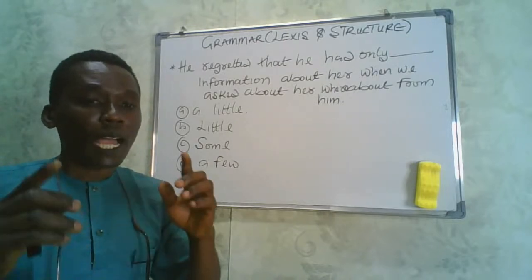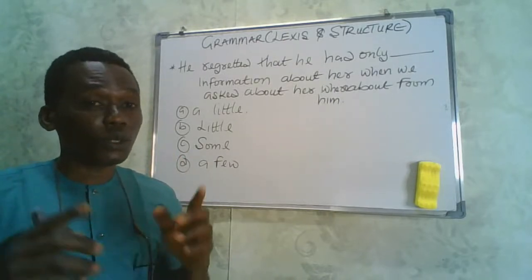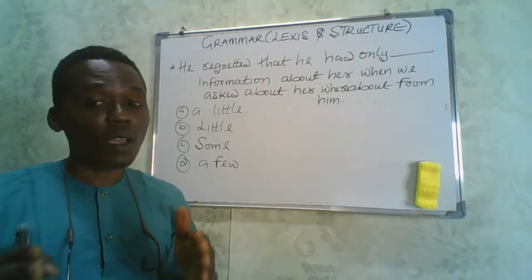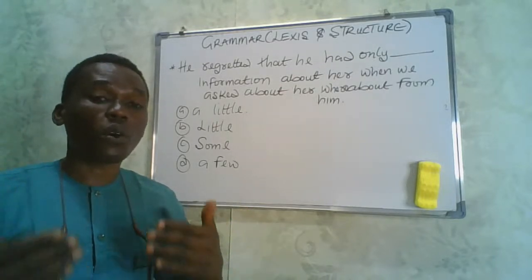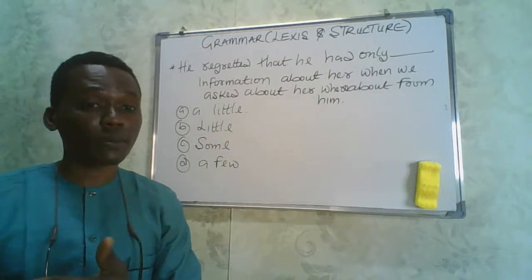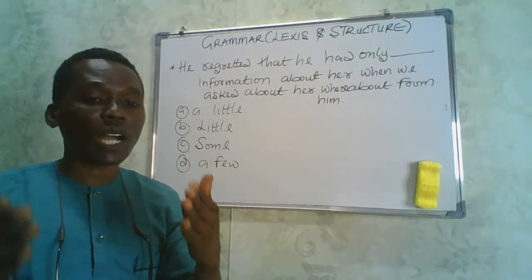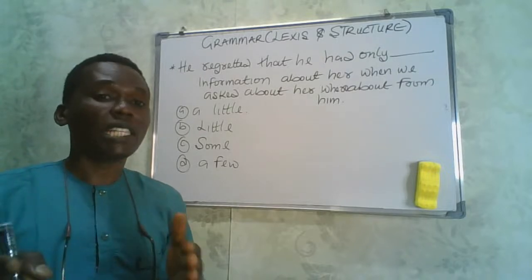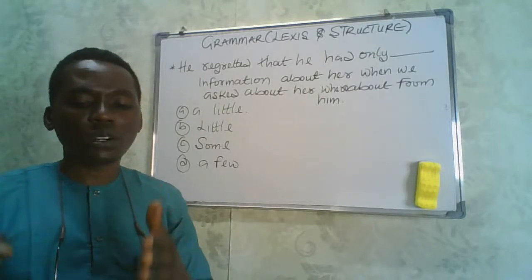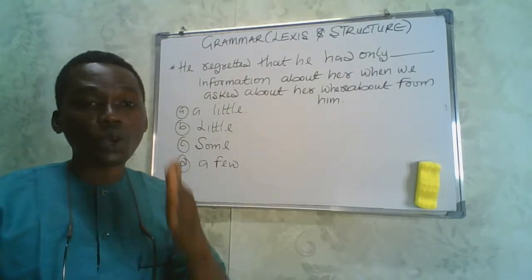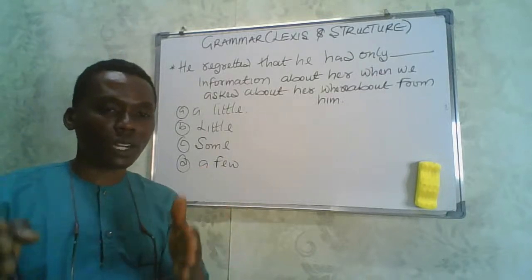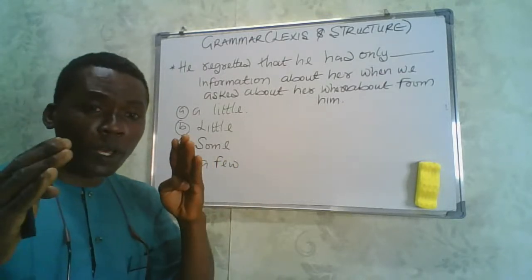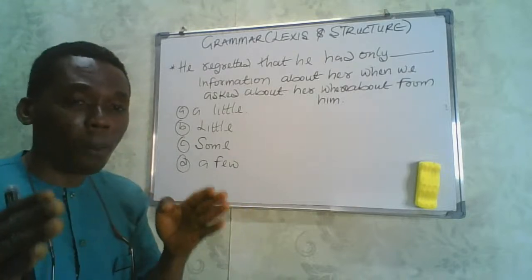Remember, at the beginning of this class, I told you that if you cannot tell perfectly the topic in which a question comes from, you might not be able to answer that question perfectly. So in our next class, I'm going to tell you how to determine topics in which a question comes from. Now, I want you to look at these two questions. Think about these two questions perfectly.